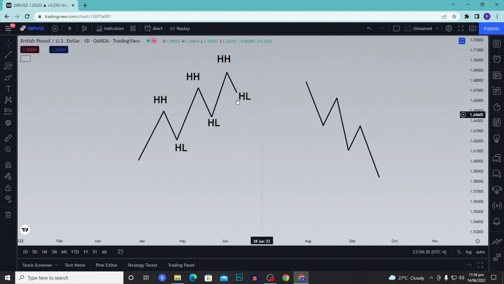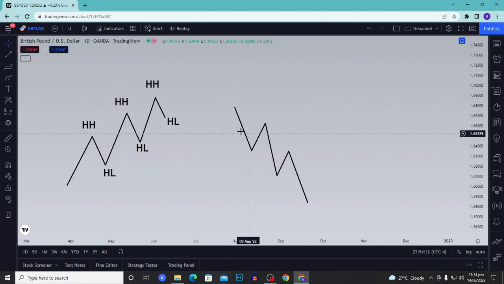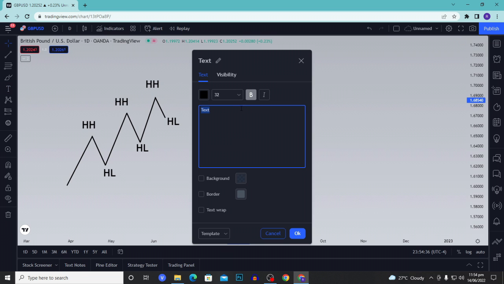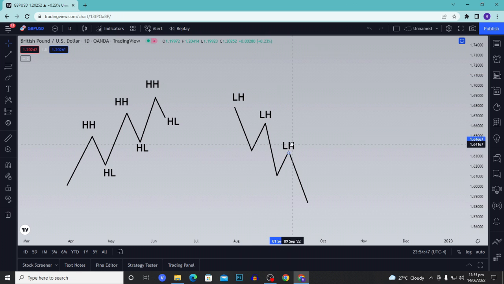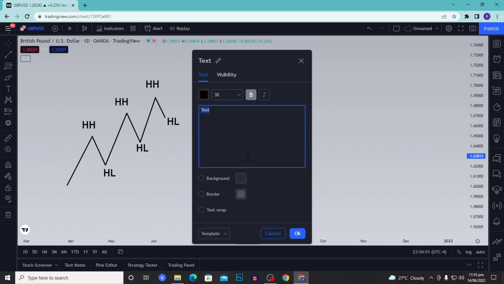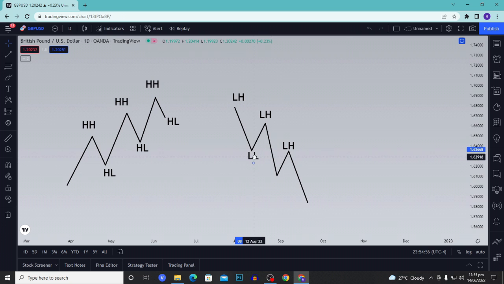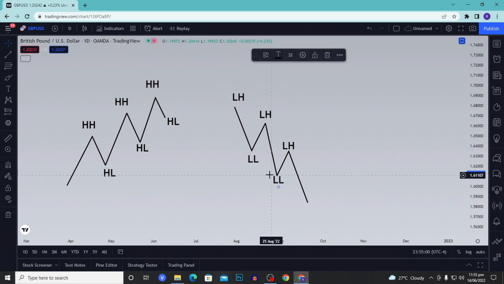In a downtrend now, you want to look for price to form both lower highs, as you see here, and you want price to form lower lows, as you may see here again.